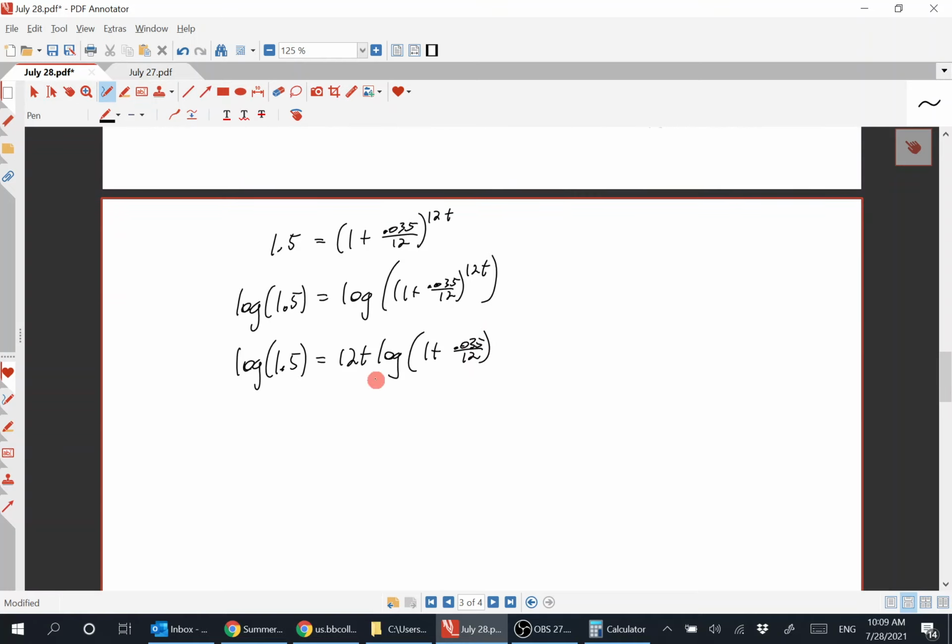So now I can just divide out by 12 times the log of 1 plus 0.035 over 12. So log of 1.5 divided by 12 times log of 1 plus 0.035 over 12 is equal to t.